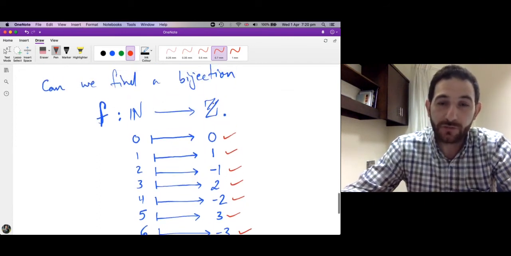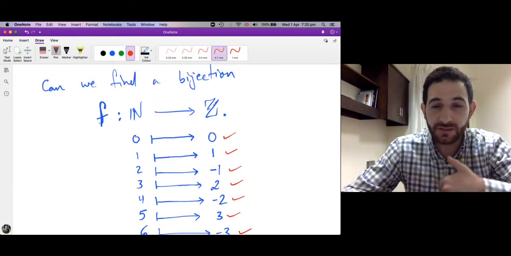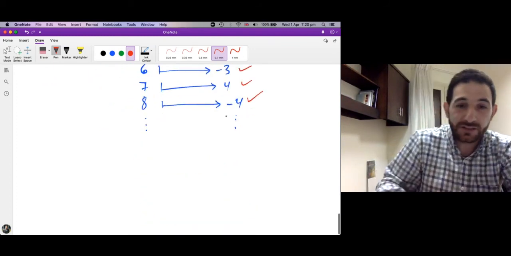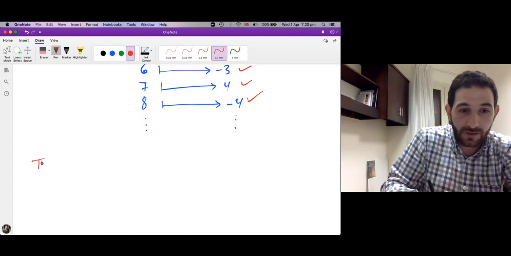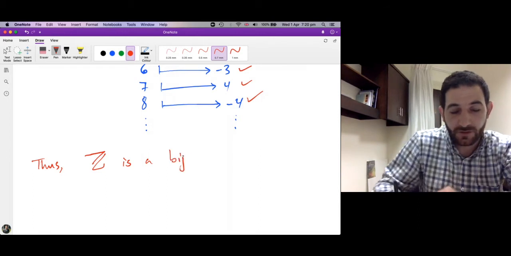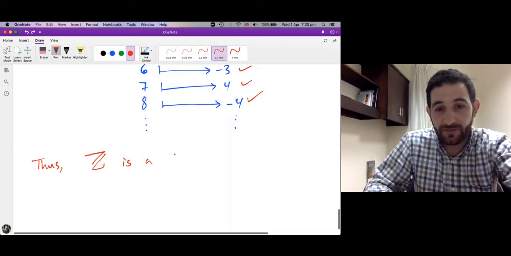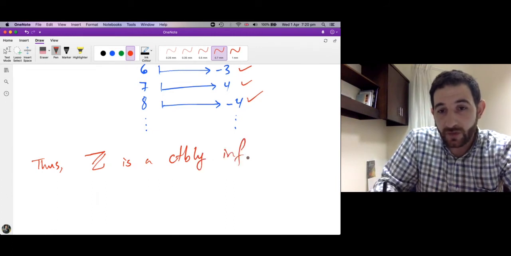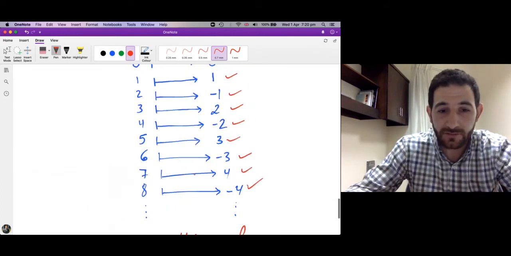Since we managed to list all the integers, in other words, we have a bijection from N to Z. So this shows that Z is, sorry, Z is countably infinite. And why is Z, the set of integers, countably infinite?